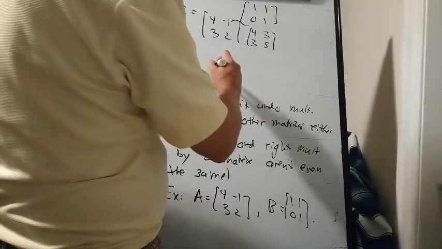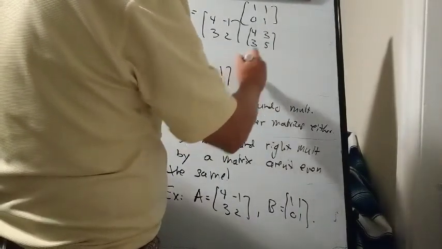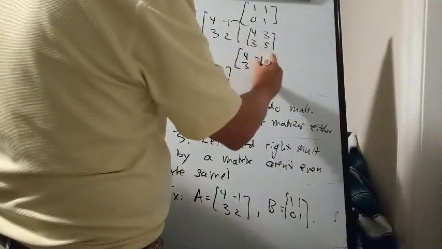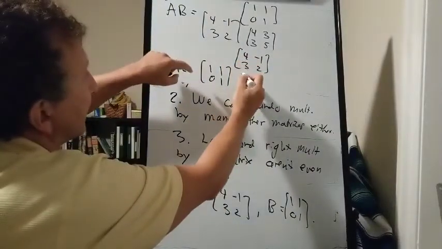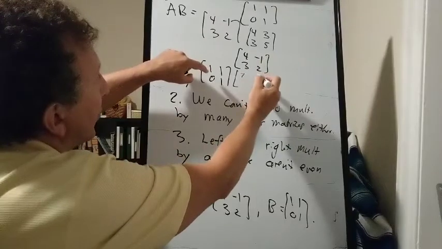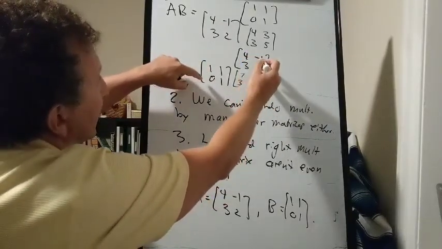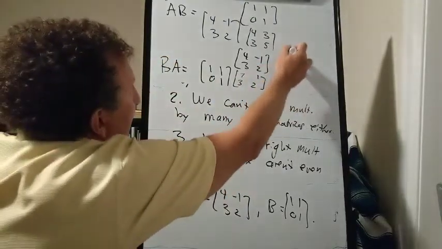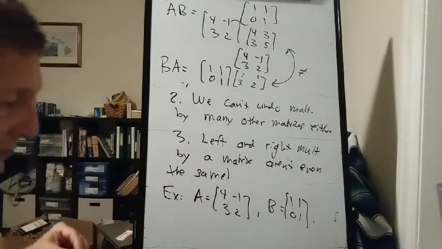And if we do B times A, then we have 4 plus 3 is 7, -1 plus 2 is 1, 0 plus 3 is 3, 0 plus 2 is 2. These matrices are not equal.